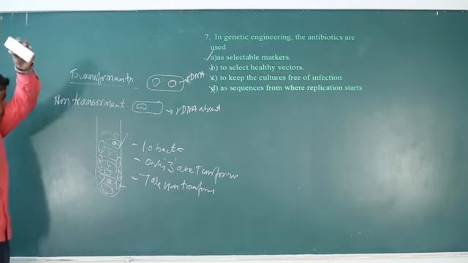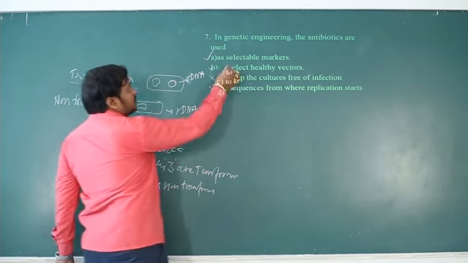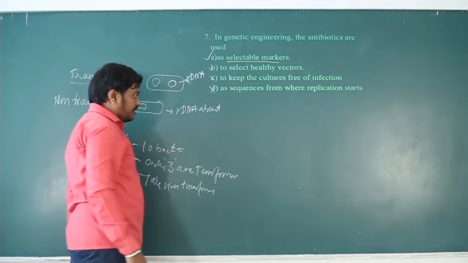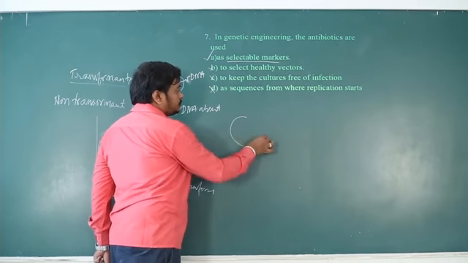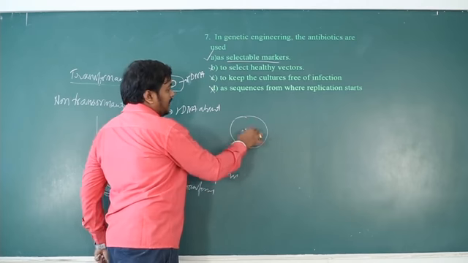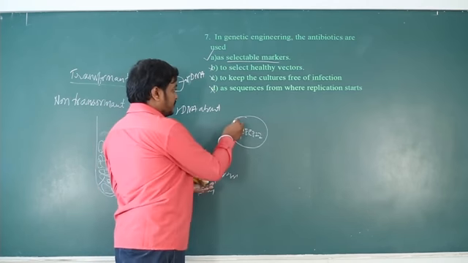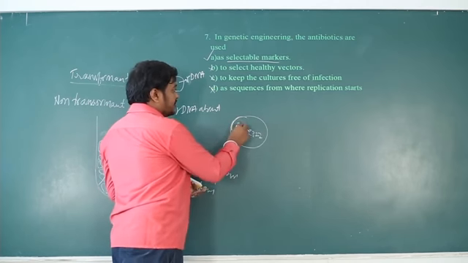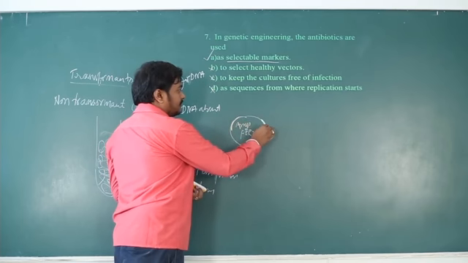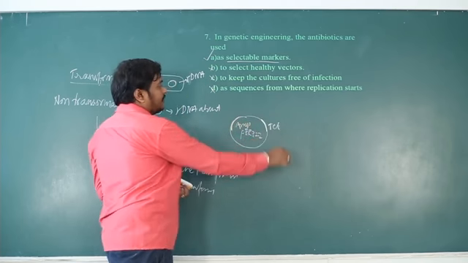Okay, so for that purpose we are going to use this selectable marker. If you take an example of pBR322, the plasmid of Bolivar and Rodriguez, it has 2 resistant sites, ampicillin and tetracycline. If you use the restriction enzymes PstI and PvuI, they cut here.